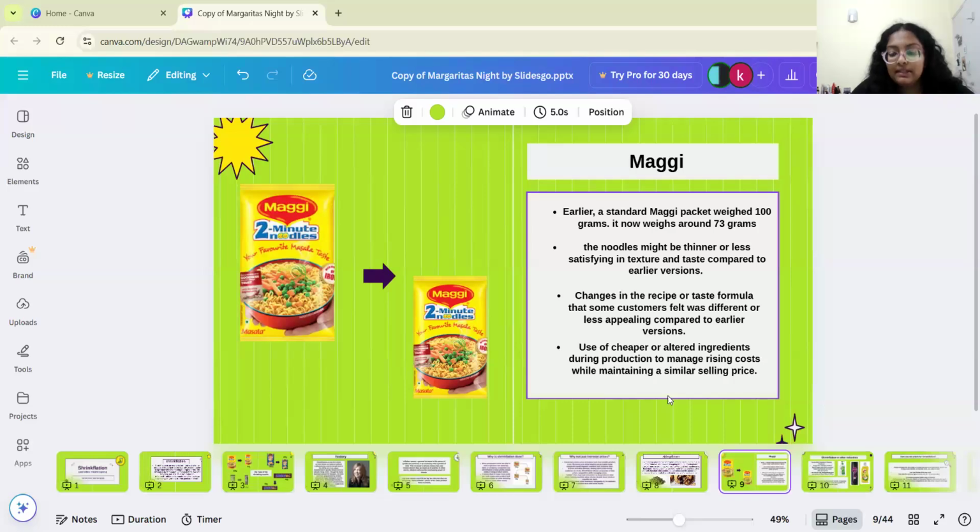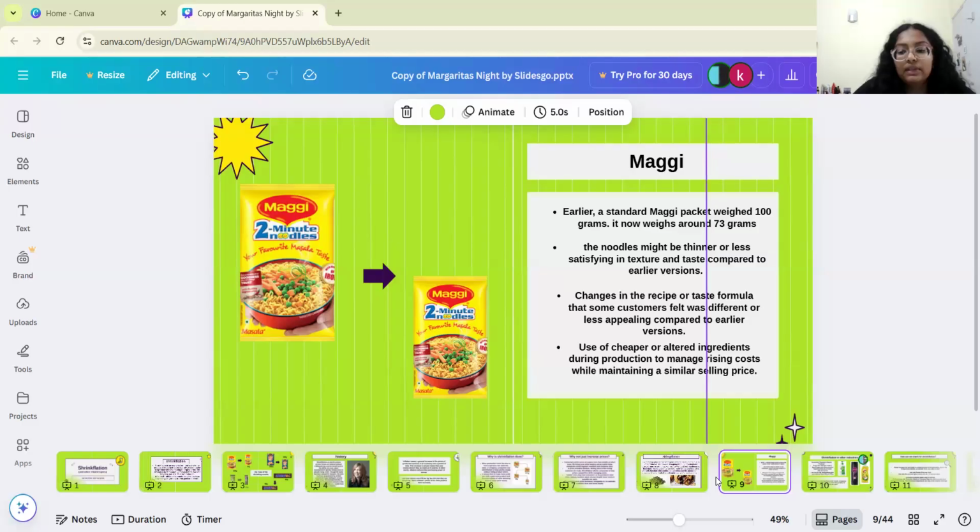There's been a lot of changes in recipe or taste formula, and a lot of reviews that Maggie now tastes different and is less appealing. So what Maggie has done is not only reduce the quality of ingredients, skimflation, but also overall reduce the quantity, shrinkflation.